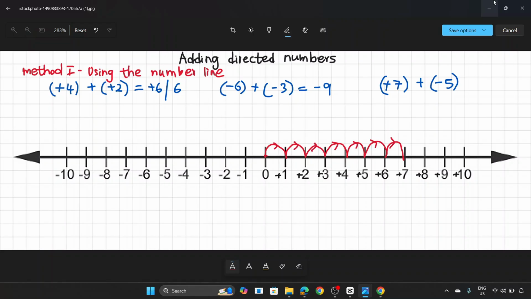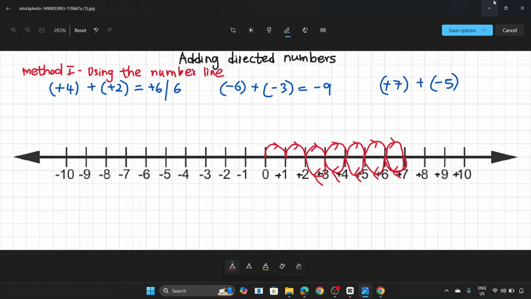The next number is negative 5. The sign is negative now. So you have to jump to where? To the right or left? Yes, you have to jump 5 places to the left because it is negative. 1, 2, 3, 4, 5.